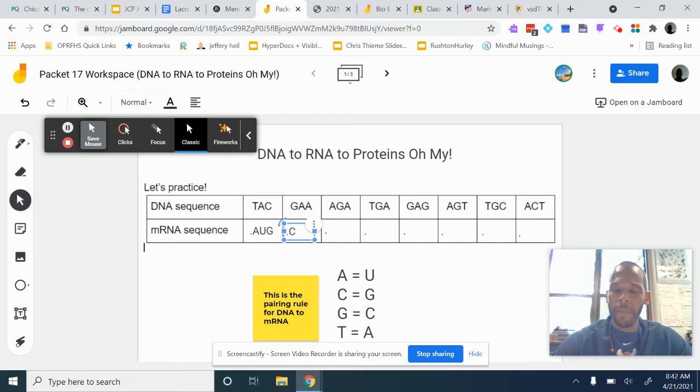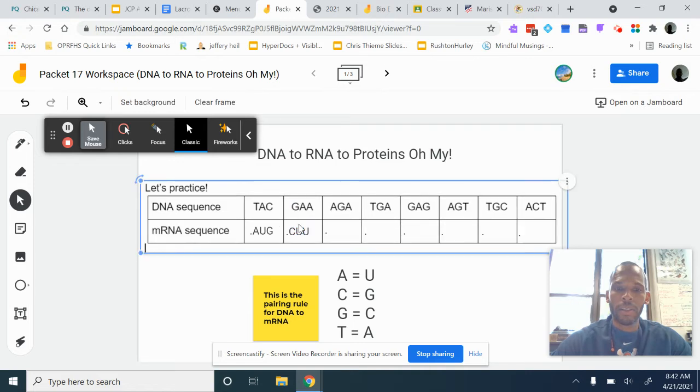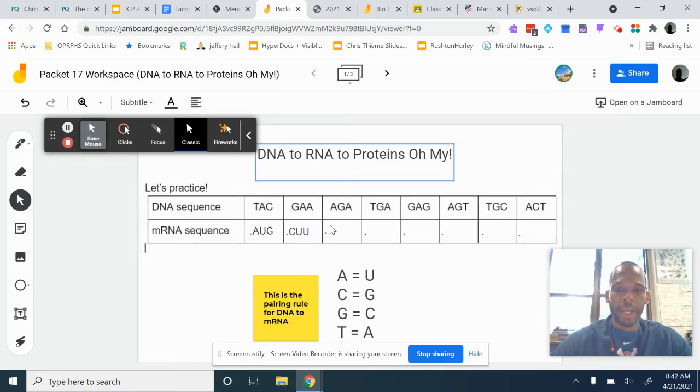G goes with C. Rule down here below. And if you need to pause the video, go ahead and pause it. There are some text boxes in here for you to work with if you need them.